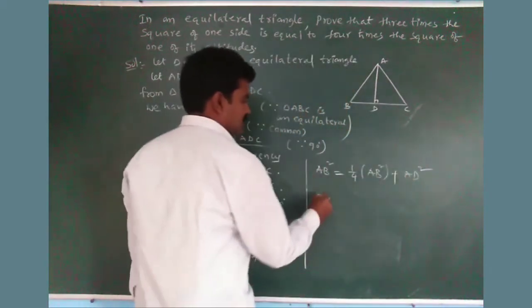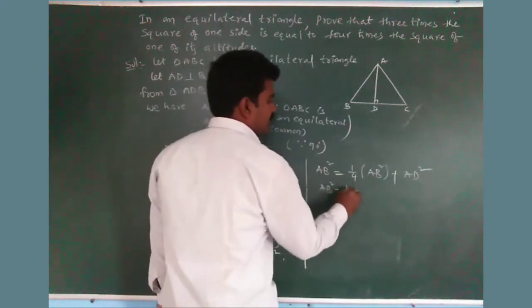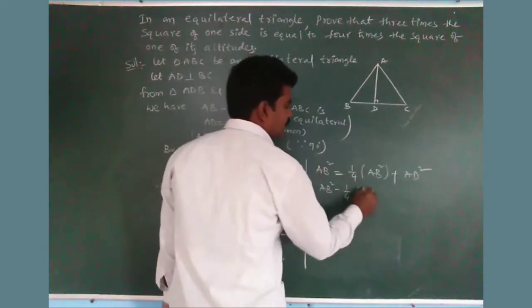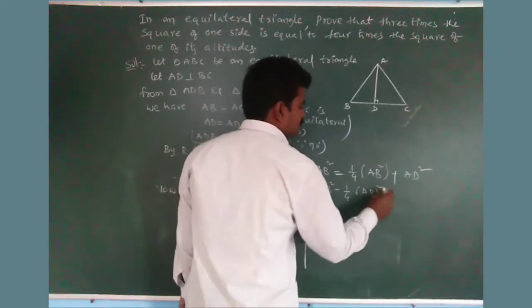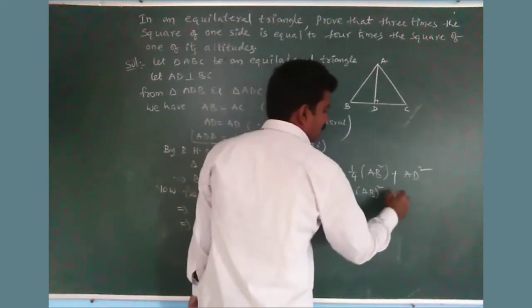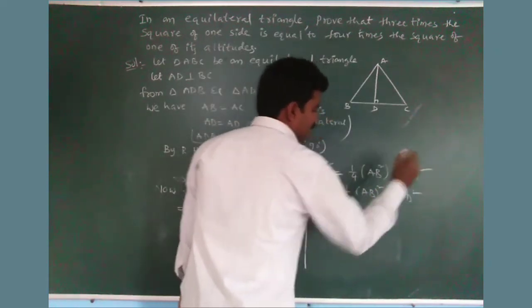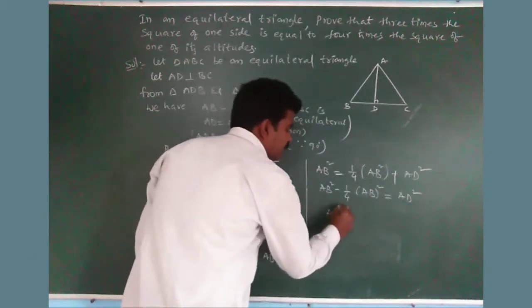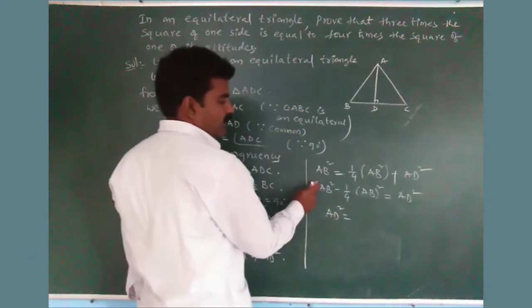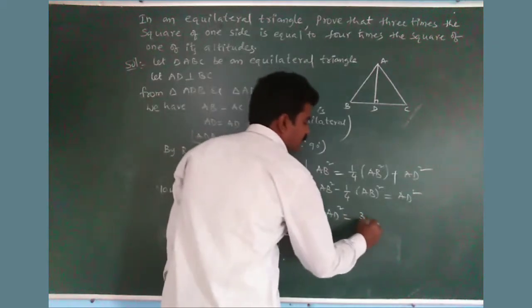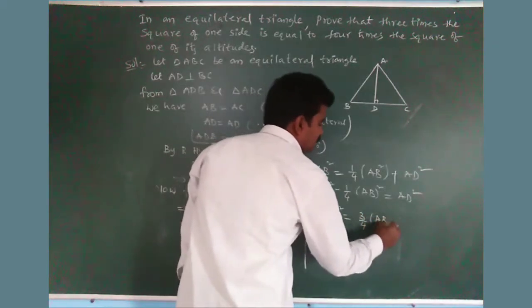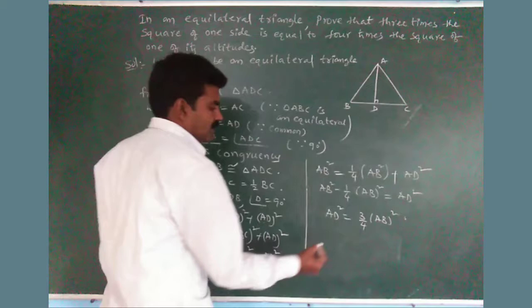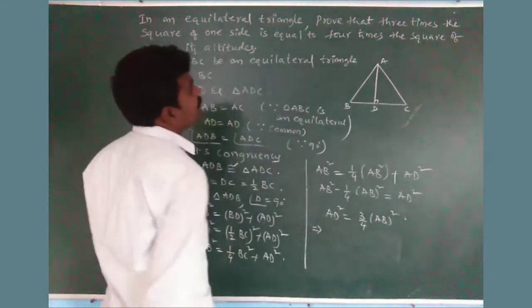Now bring this to this side: AD square is equal to 1 minus 1 by 4, that is 3 by 4, into AB whole square.